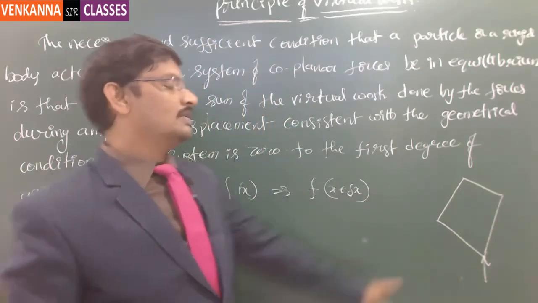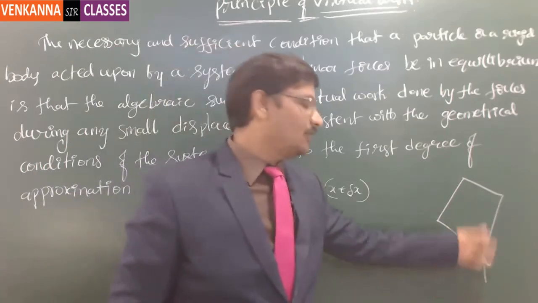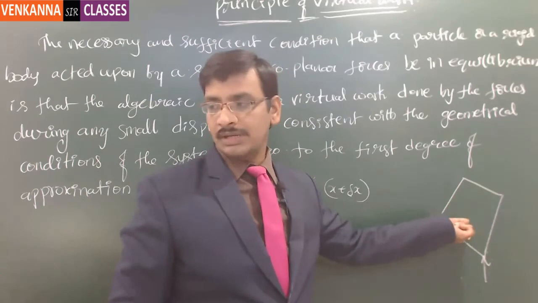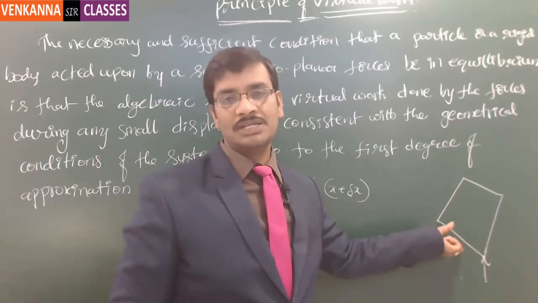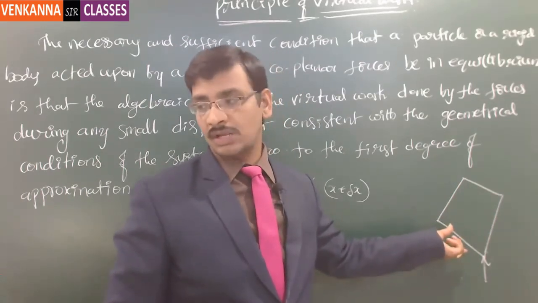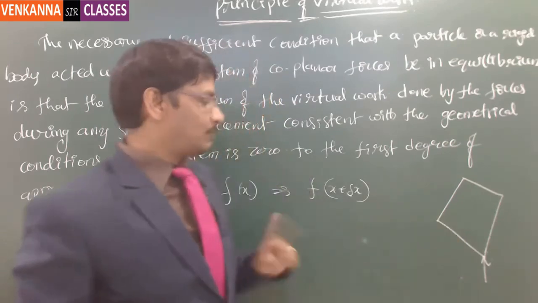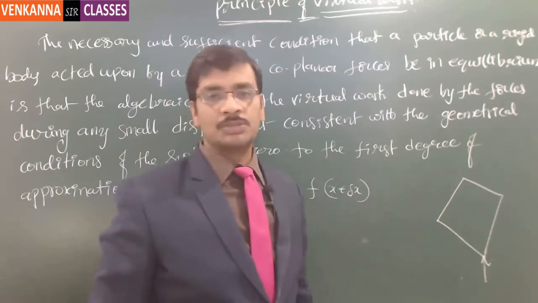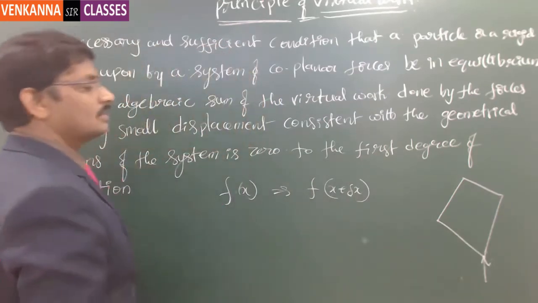Now if there is a linear displacement, that means if you push it, it might be pushed upwards, right? There might be some kind of linear displacement, or non-linear displacement can also happen. To be specific, we are generalizing the statement: to the first degree of approximation. What do we mean by first degree of approximation?